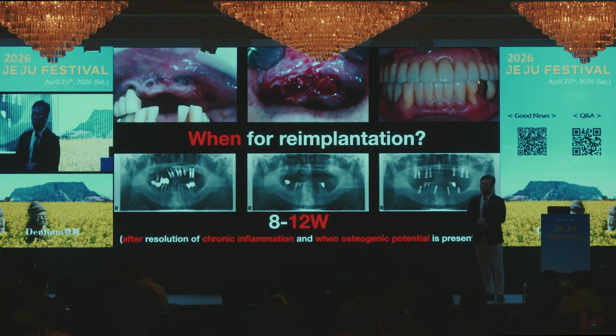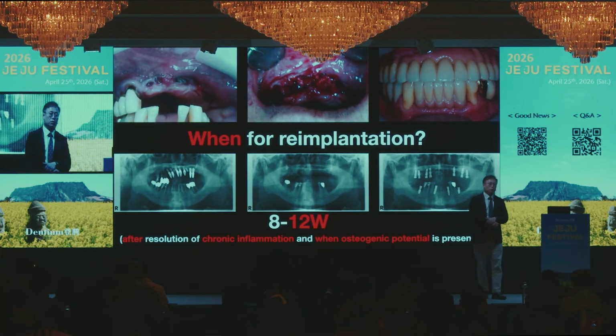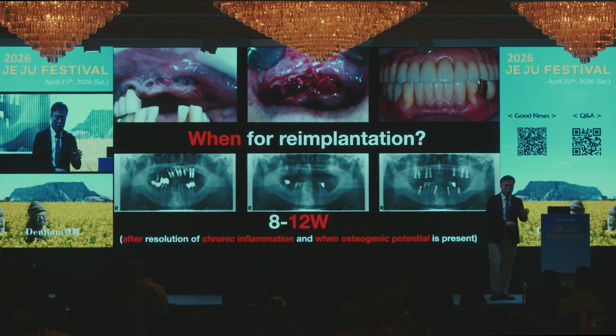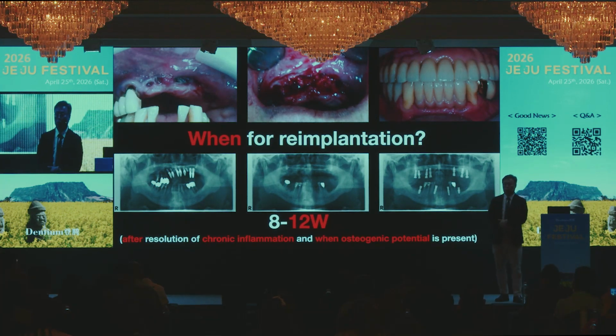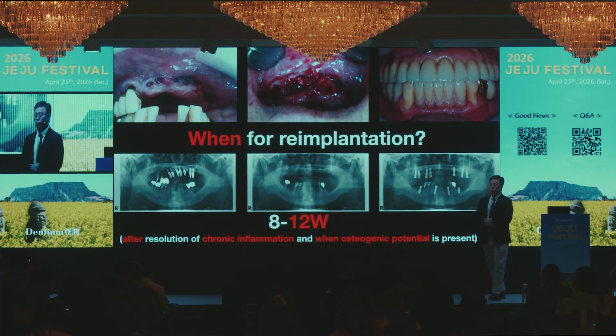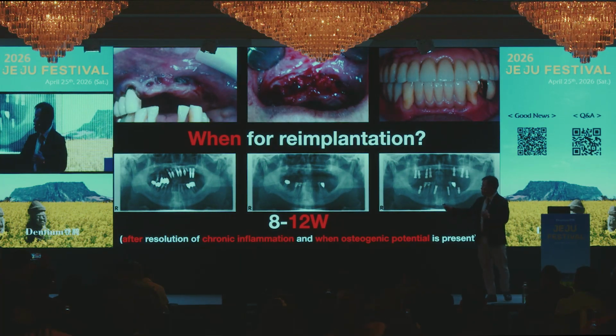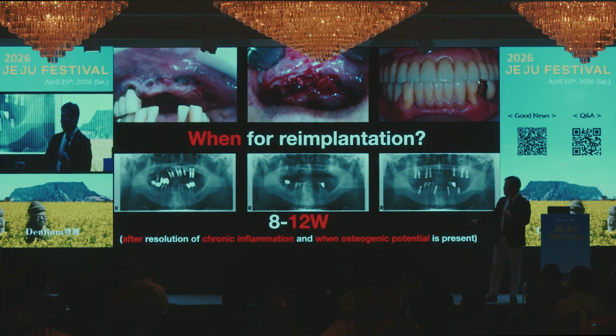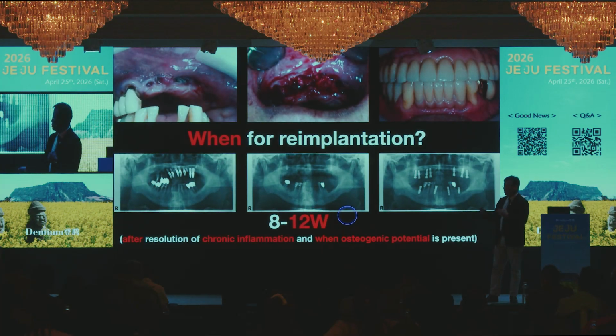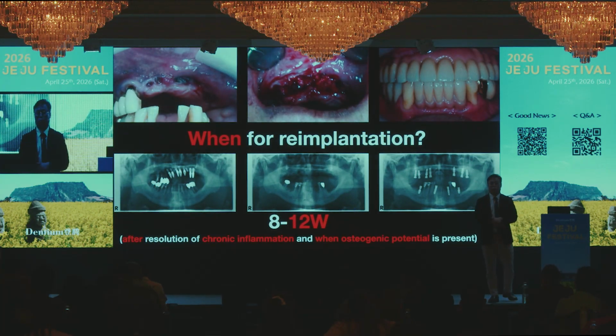So this is the first question. Let's say we decide to remove the implant. When do we have to place the new implant after removal? Just remember 8 to 12 weeks. W means weeks. The number 12 is very important.